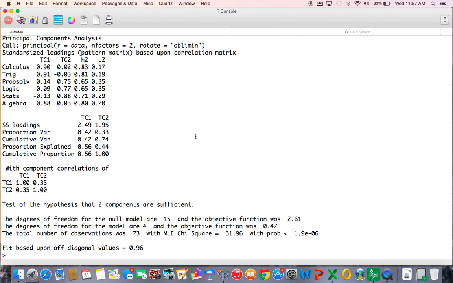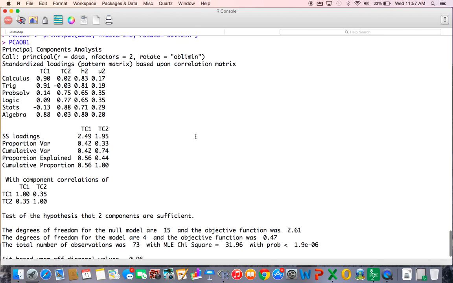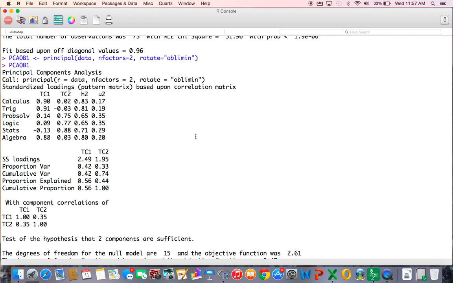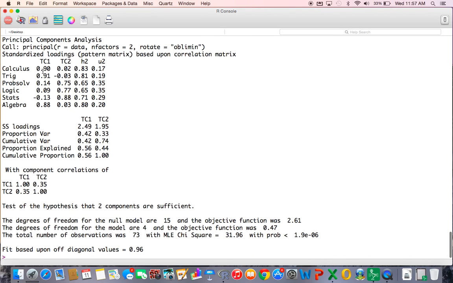And everything pretty much looks the same, right? There's only one thing that's additional. These things right here are still your factor loadings. Notice that our communalities and unique variance didn't change. These things here are still called our eigenvalues. But the thing I like about running the oblique is it gives us the correlations between the two components.